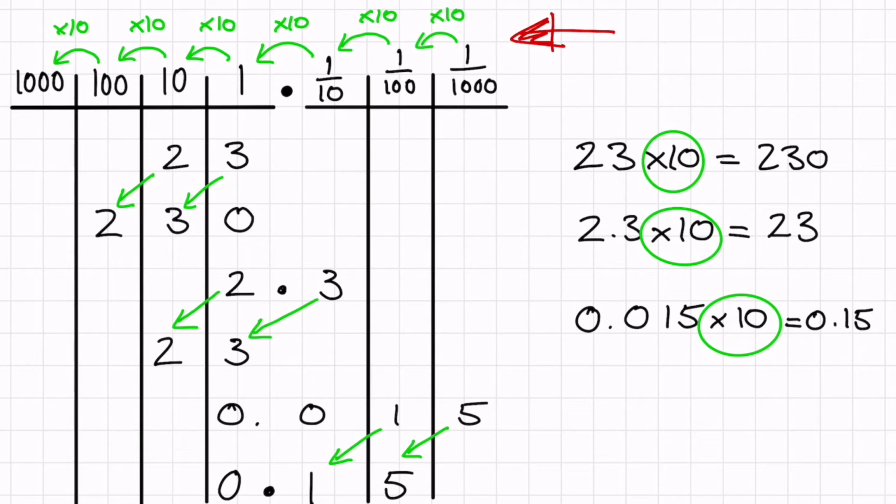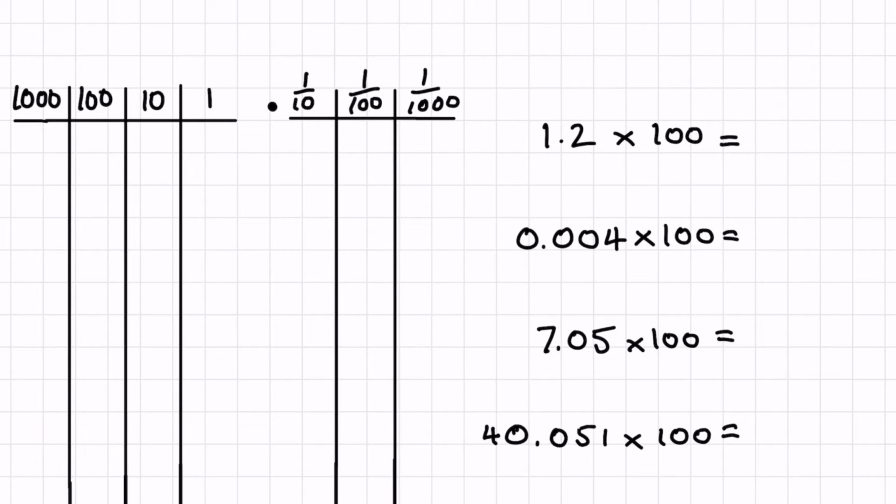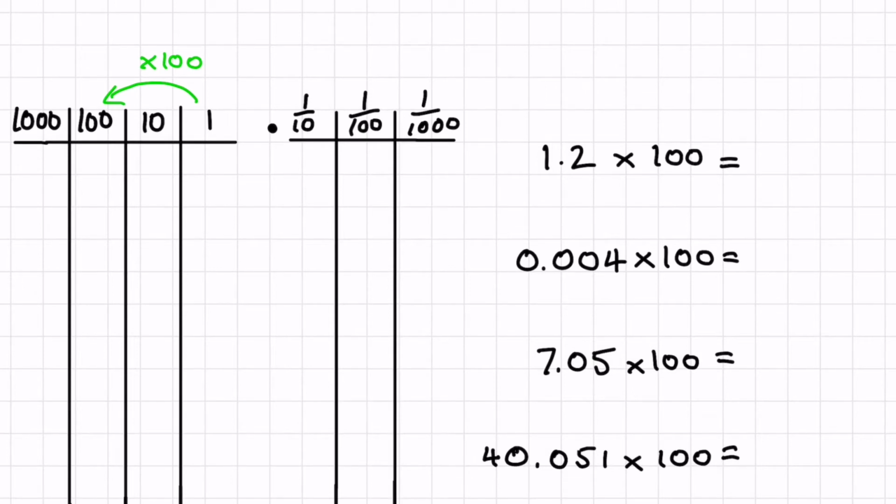Now let's look at multiplying by 100. Looking at the units column, if I multiply 1 by 100, I get 100. If I multiply 10 by 100, I get 1,000. If I multiply a tenth by 100, I get 10.